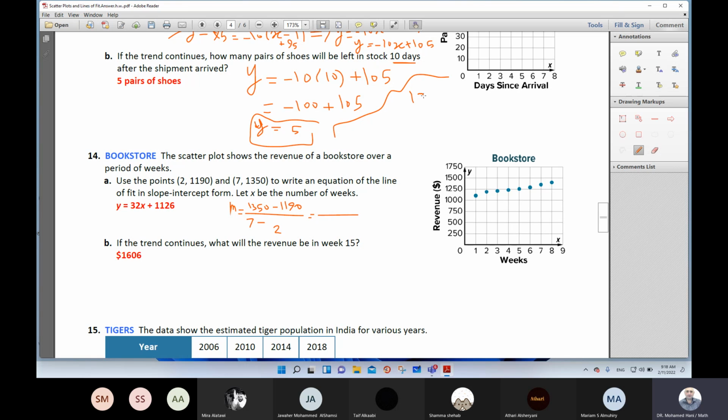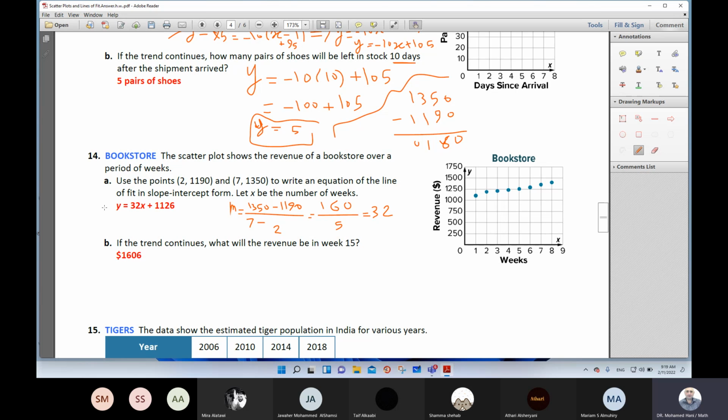We have 1350 minus 1190, the answer will be 160, and 7 minus 2 will be 5. So 160 divided by 5 will be 32. So this is the value of slope.